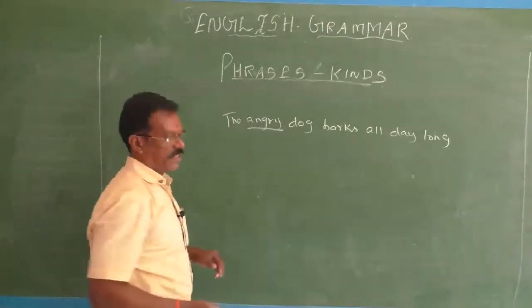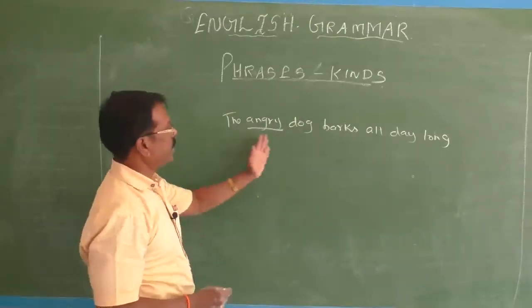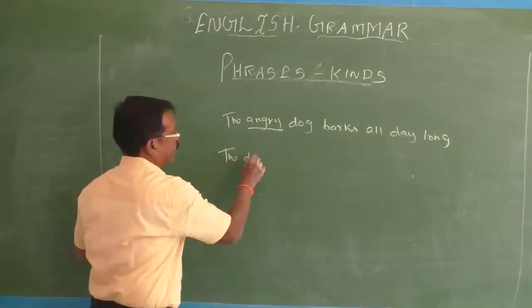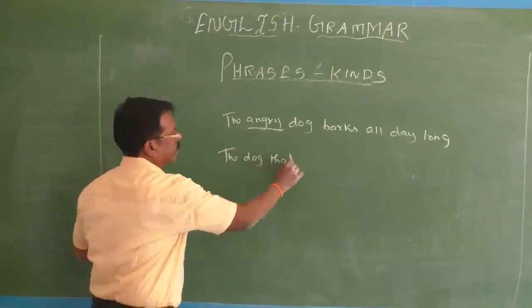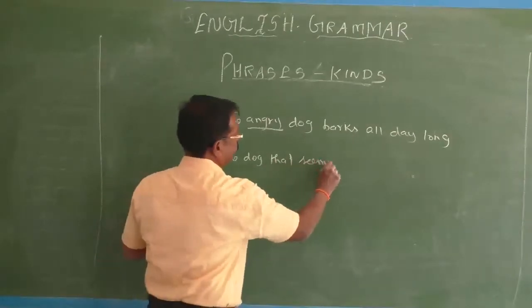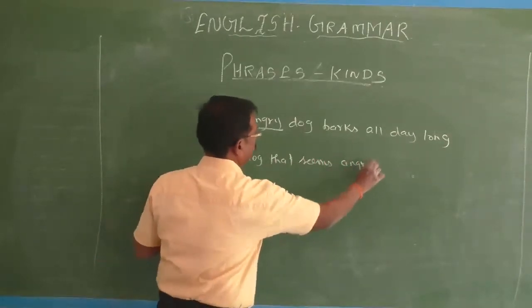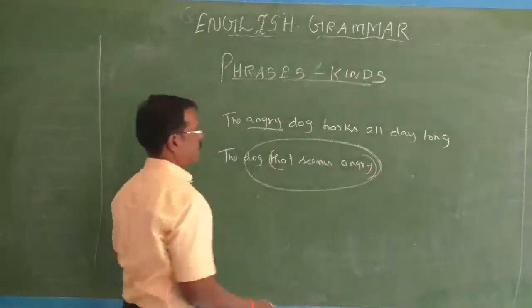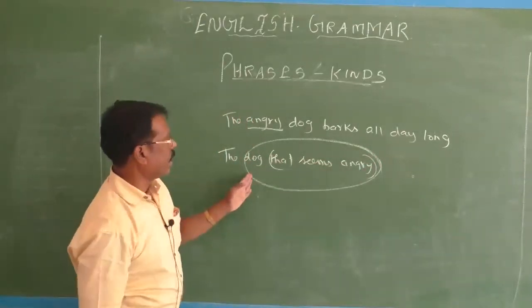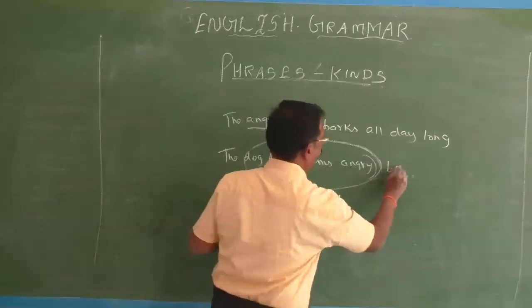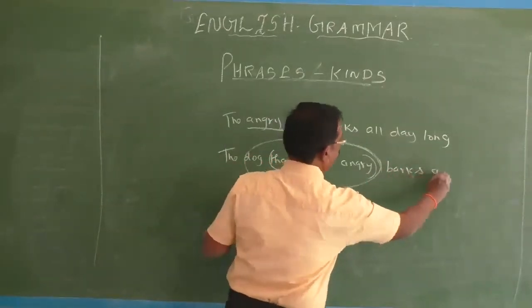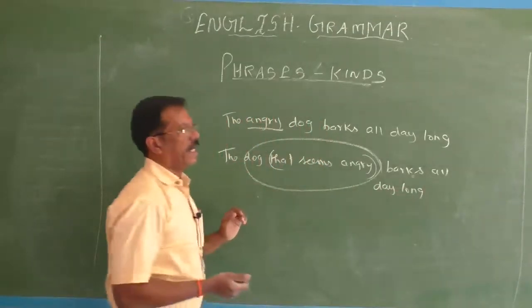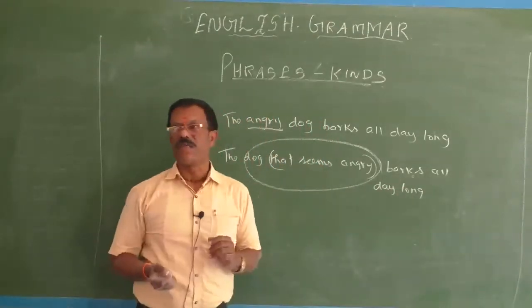Angry is an adjective, and dog is a noun that it describes. The dog that seems angry. Now, that seems angry is an adjective phrase. It describes the dog. Okay. Barks all day long. So in this way an adjective phrase does the function of an adjective.